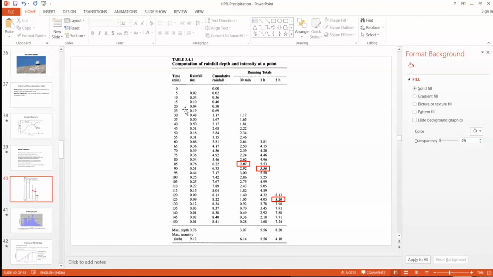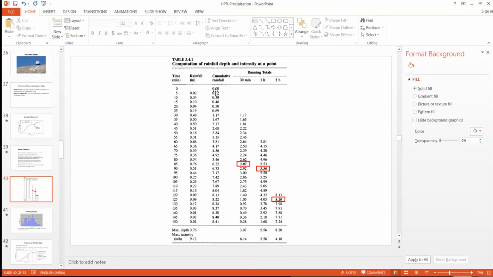So the first two columns are the inputs. Now we can plot cumulative rainfall. For cumulative rainfall, we have to incrementally add the amount of rainfall collected.